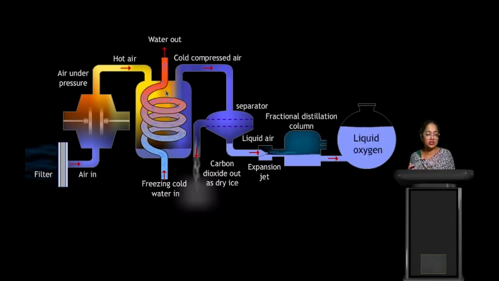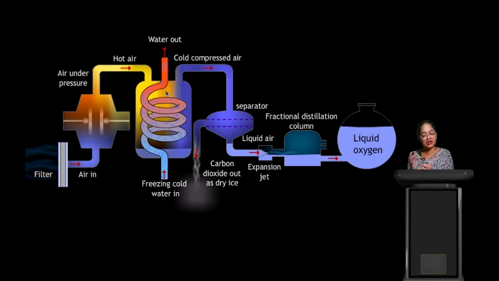So liquid oxygen is formed. The whole process was for the liquid oxygen. There's a filter, the air passes through a column, and then there is an increase in pressure. So air is under pressure, so it becomes hot. The hot air is then passed through another column with a continuous flow of cold water, because of which the air is compressed and cold now.